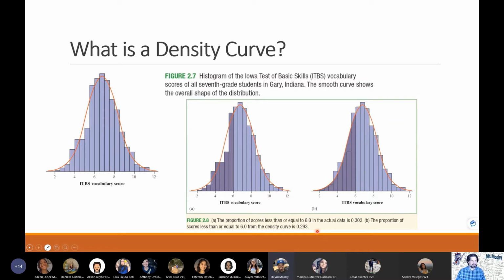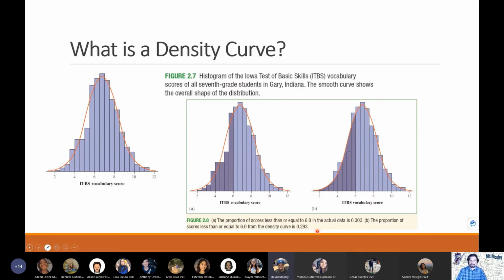What we get to do is there are actually tables. We'll get into this probably next week, on how to use the tables that tell us the proportion of area under a curve based on the shape. If we wanted to actually calculate it, it takes a lot of work. And that's why there are pre-done tables. They're very long tables.